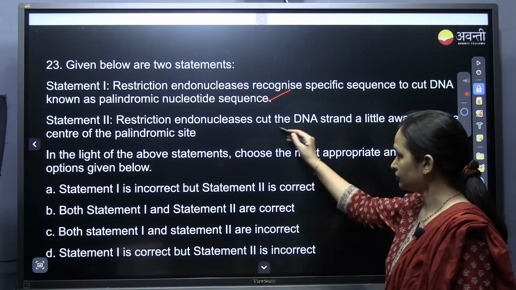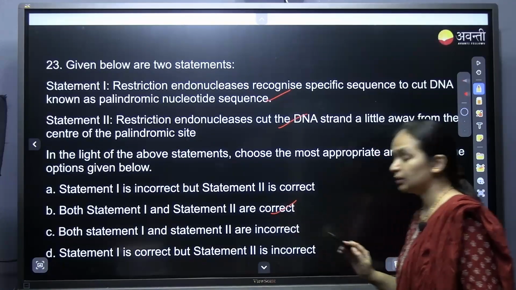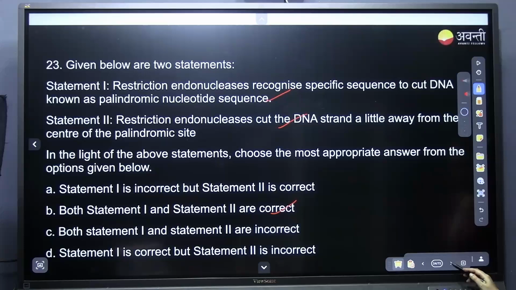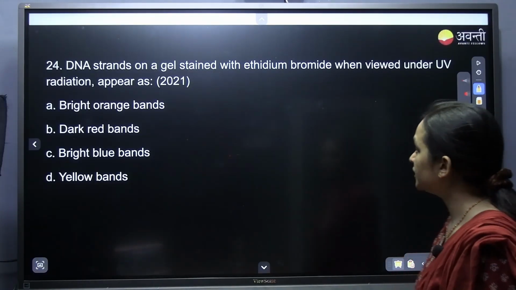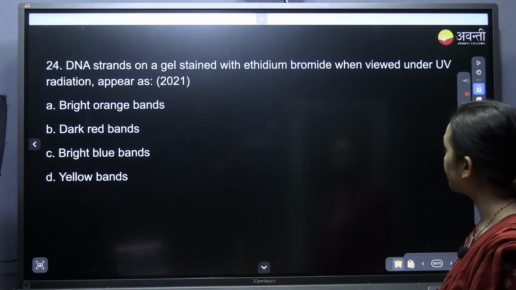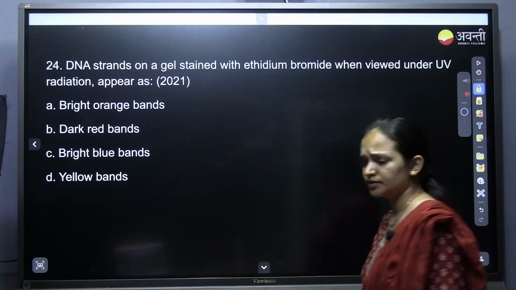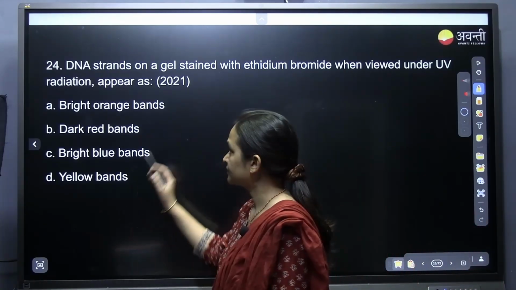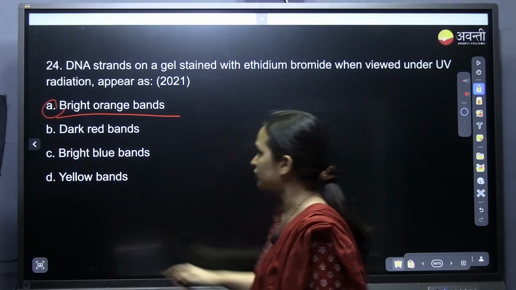Yes. So both statement 1 and 2 are correct. B is the correct answer. DNA strands on a gel stained with ethidium bromide, when viewed under UV radiation, appear as which color? Orange. Bright orange bands, yes.